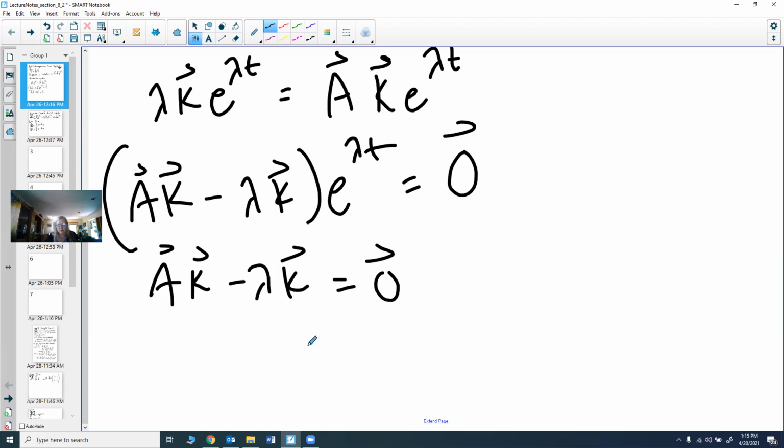I would like to factor out the k, since both terms have a k in them. But one thing to remember with matrices is that it's not as simple as just factoring out a one. We need to think about what the one is for a matrix. The one for a matrix is known as the identity matrix. The identity matrix has ones down the diagonal and zeros everywhere else.